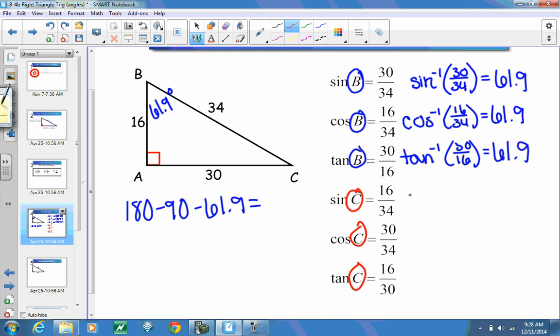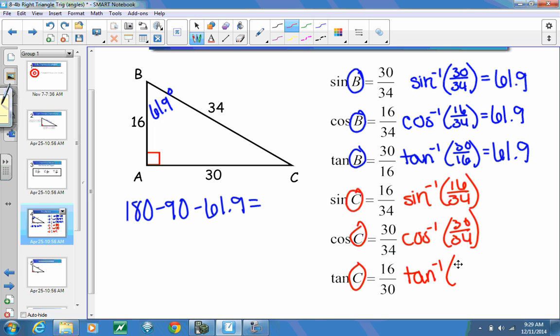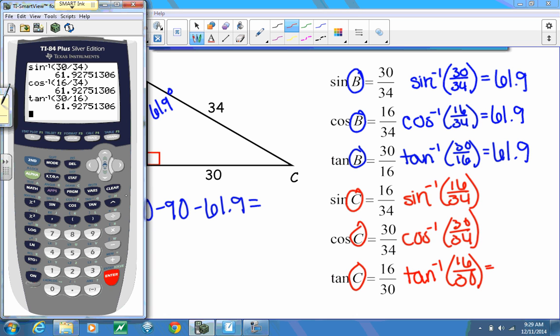Since the sine of angle C is 16 over 34, we're going to take the inverse sine of 16 over 34. Or I could take the inverse cosine of 30 over 34. Or I could take the inverse tangent of 16 over 30.